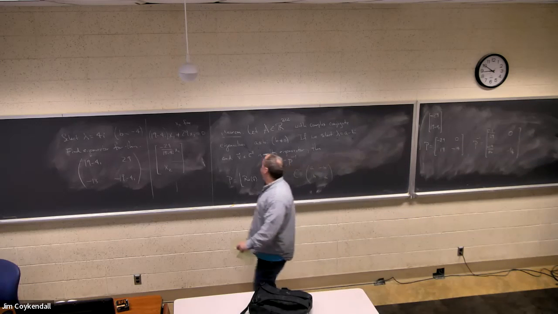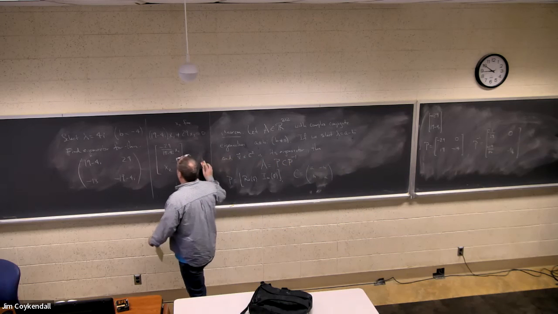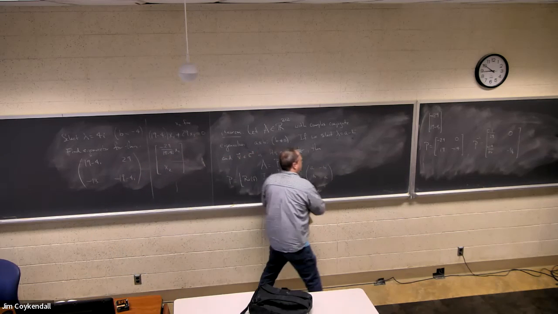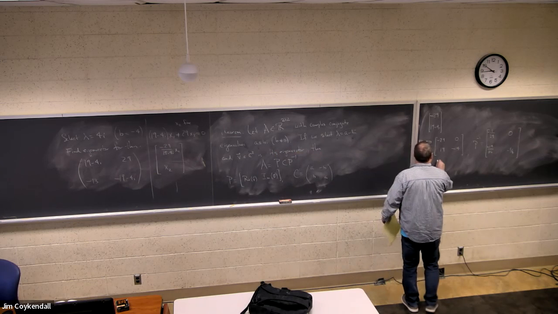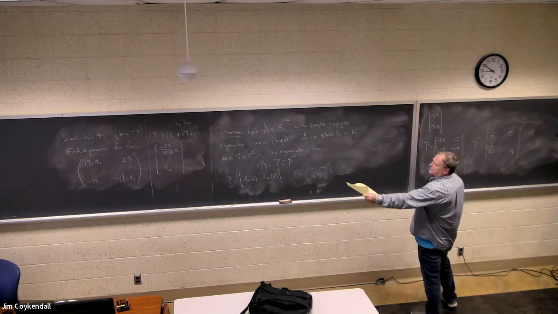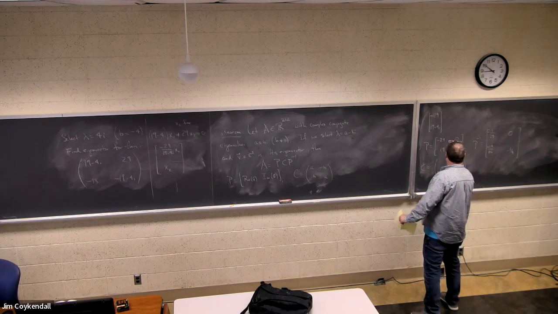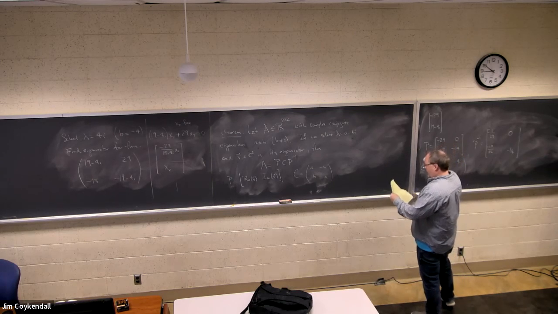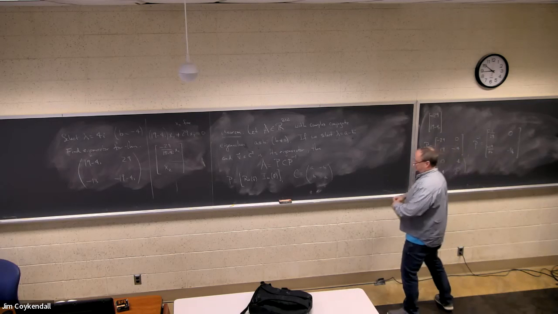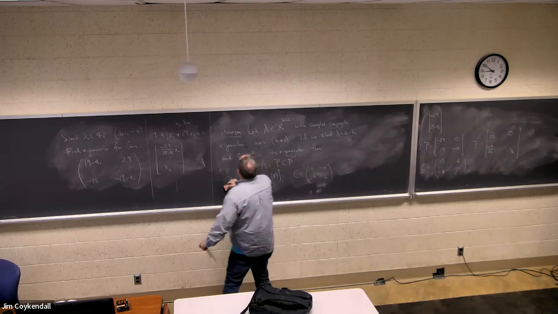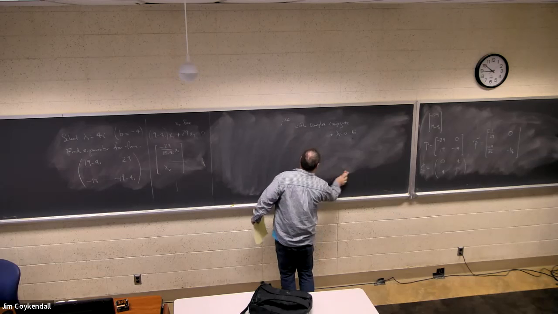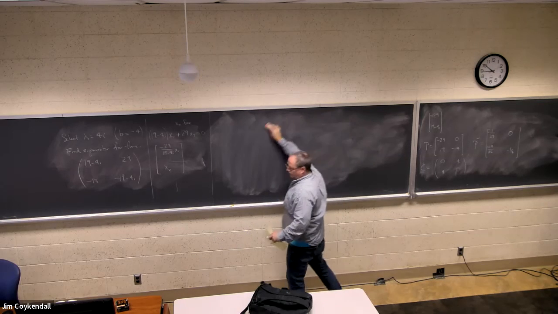Now let's check. My matrix C here should be, let's see, B is minus 4, so that should be 4 minus 4, and then my A is 0, isn't it? And so let's do a multiplication here.